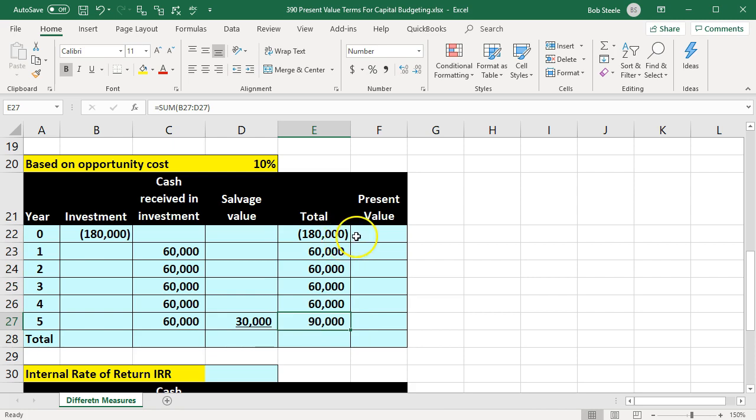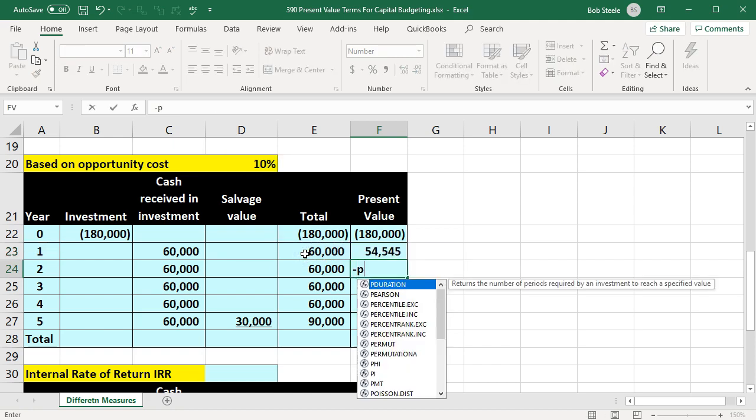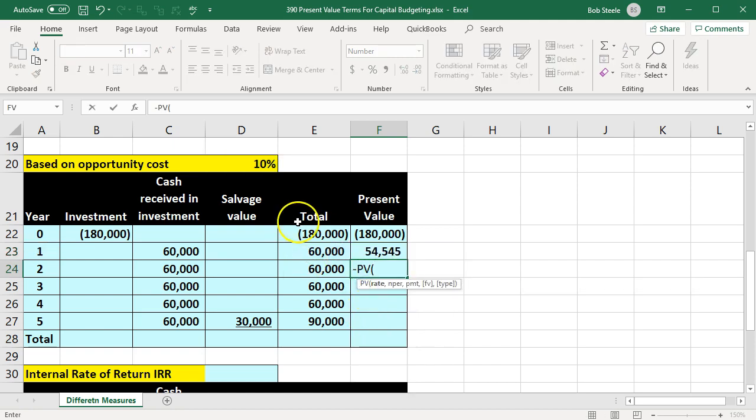Now we'll do the same present value calculation, but with the 10%, more of our hurdle rate, as opposed to the 5%. So I'm going to say this one's the same, because it's year 0, negative present value, double click, the rate, comma, the number of periods, 1, comma, payment, 0, comma, future value, 60. Negative present value, double click, the rate, comma, number of periods, 2, comma, the payment, 0, future value, 60.